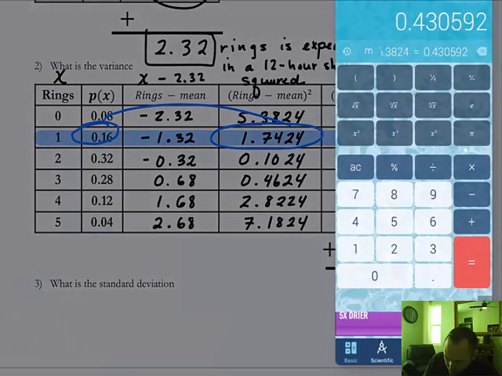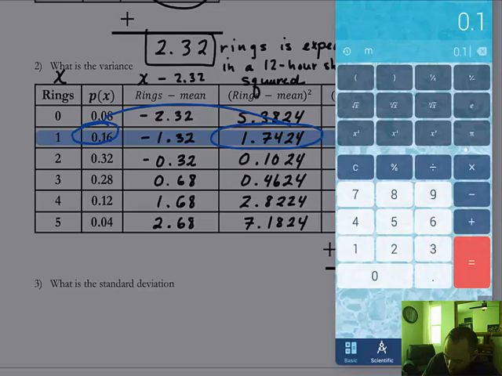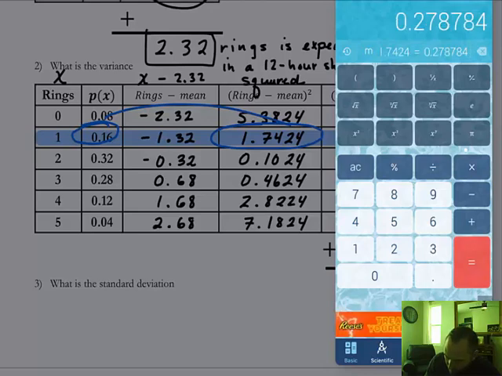So let's grab a calculator and do that. Again here, 0.16 times 1.7424 is 0.278784.